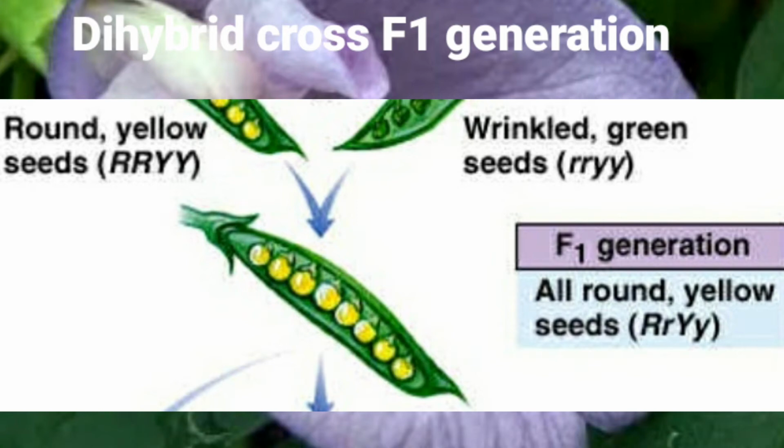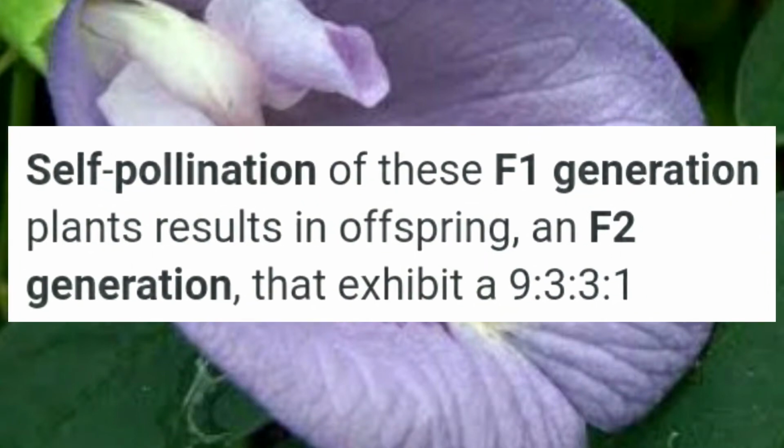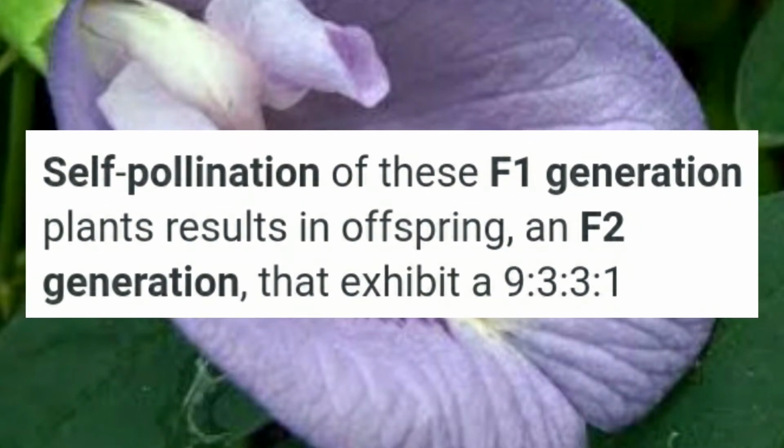And when these plants with round seed and yellow color are self-pollinated, the self-pollination of the F1 generation plants results in the offspring, and the F2 generation exhibits, children.